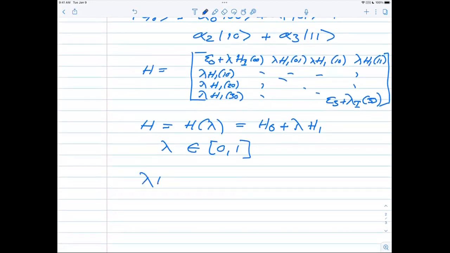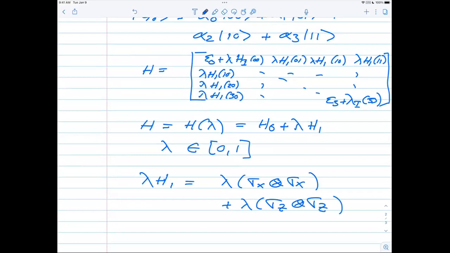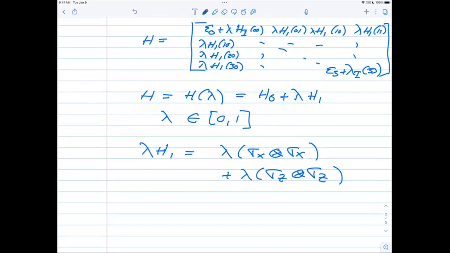So this lambda of H of I is something which I'm going to make pretty simple. It's going to be given by lambda of a Pauli matrix sigma x with sigma x, the tensor product, plus lambda and the Pauli matrix for Z with the tensor product of a Pauli matrix with Z. So the Pauli matrices, just to remind you quickly of that, sigma x is given by 0, 1, 1, 0, and sigma z is given by 1, 0, 0, minus 1.